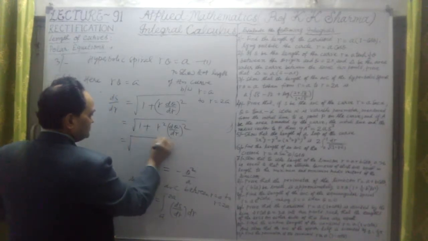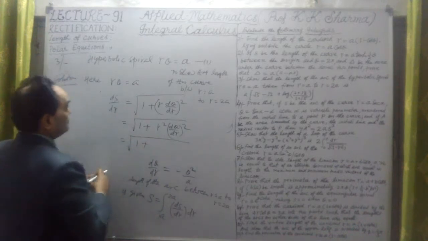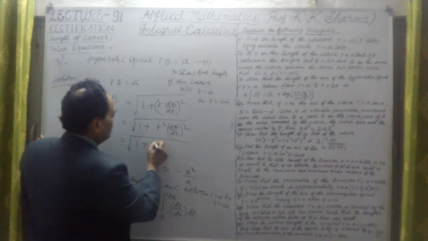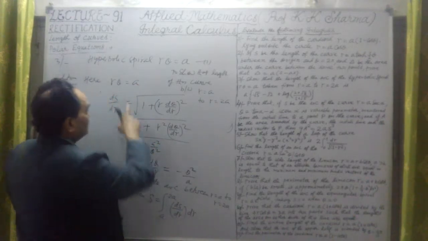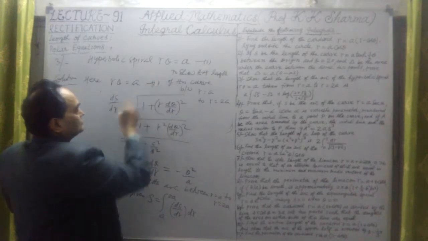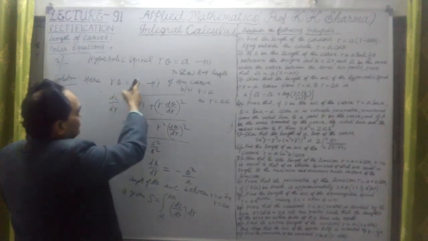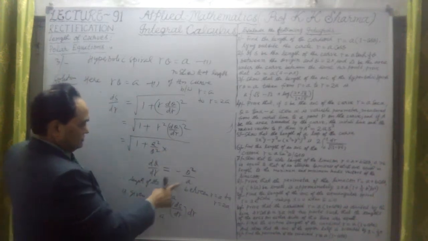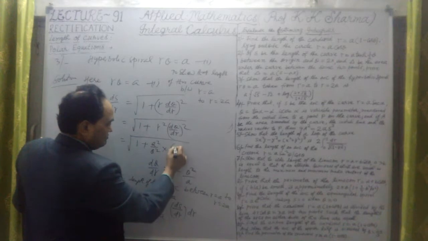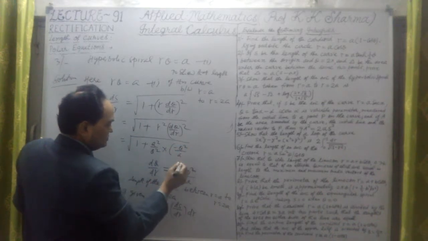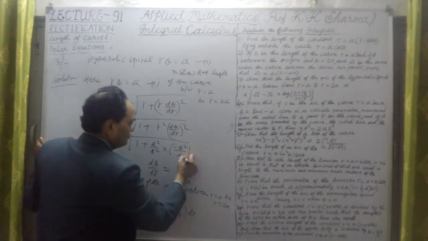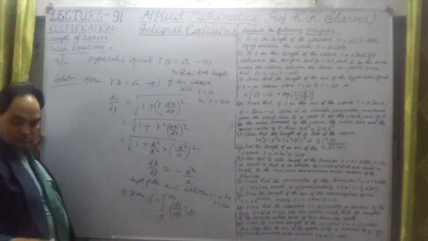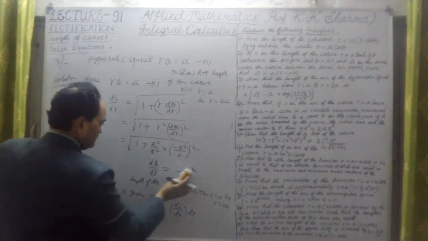So this is 1 plus r square, where r square is a square upon theta square, because from the first equation r theta equal to a, so r is a upon theta, into d theta upon dr, which is minus theta square upon a, whole square. Now it will give us the value required.